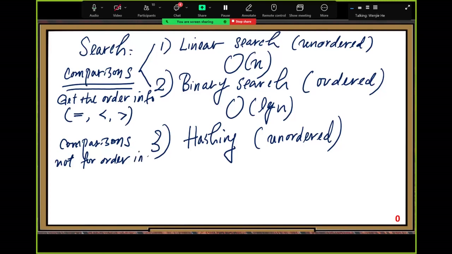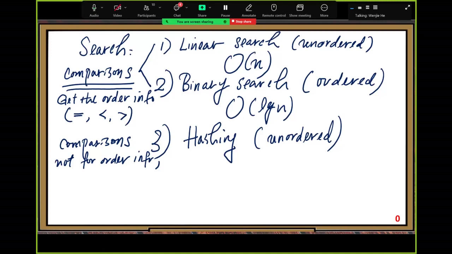In your mind, whenever you do comparisons, you think you always get order information from the comparison, right?